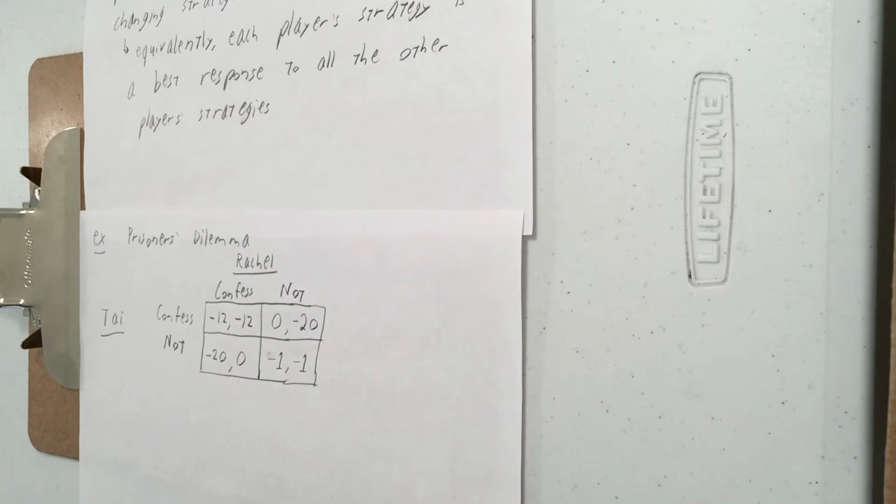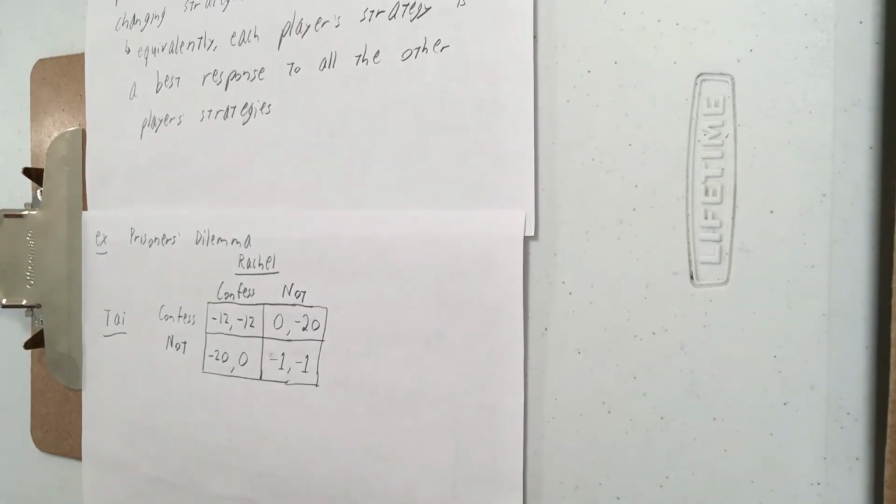So as you might recall from principles, there's the cooperative outcome where they both would not confess and both get only 1 year in prison. However, that cooperative outcome is not a Nash equilibrium.